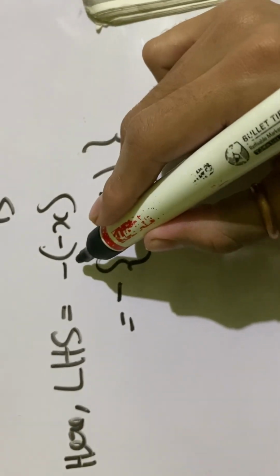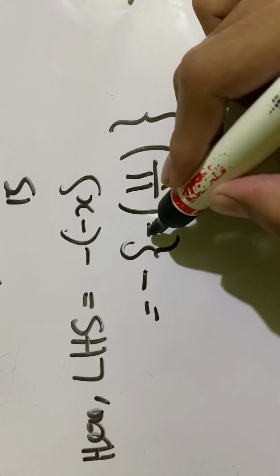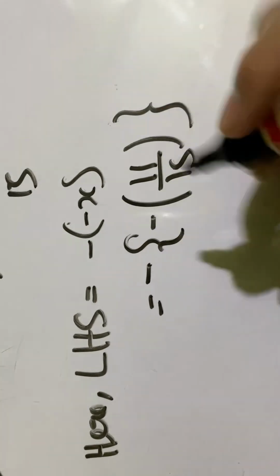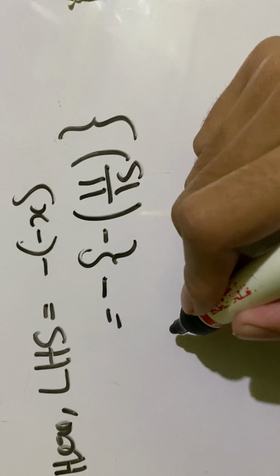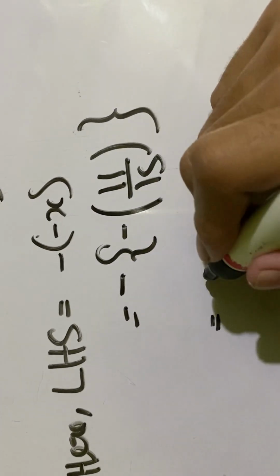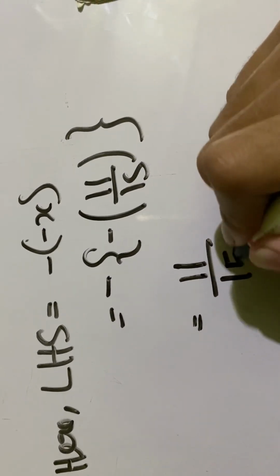Say this minus came here and this minus came here, okay, then this minus and this minus cancel out, and the answer we'll get is 11 by 15.